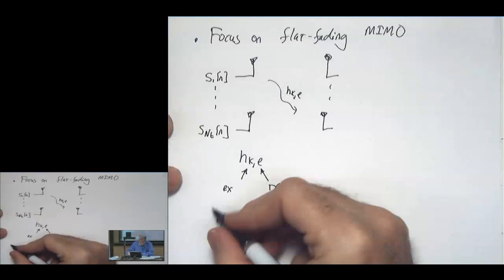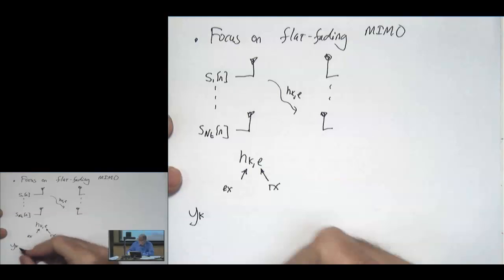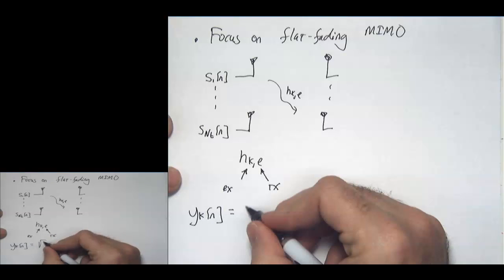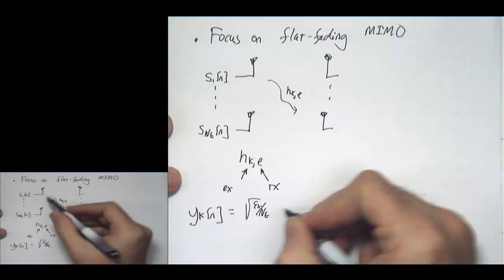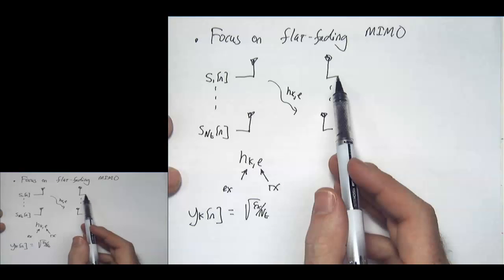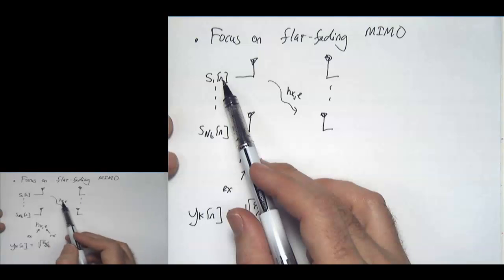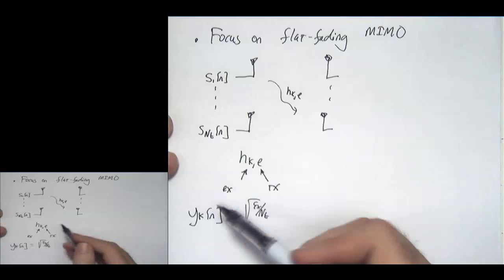And so let's look at the kth receive antenna. Let's call it y sub k of n. And then, under this flat fading assumption, using this power normalization, square root of Ex over NT, this received signal sees a linear combination of the transmitted symbols times the channel times the normalization, which I'm putting here.